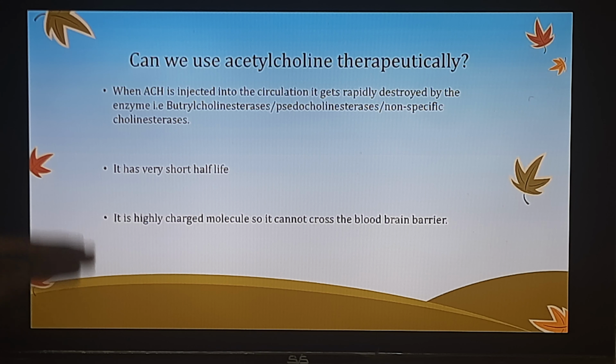Because of all these reasons, we do not use acetylcholine therapeutically.